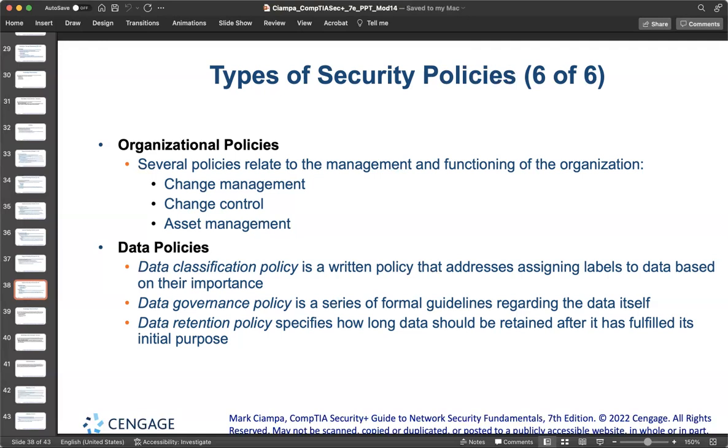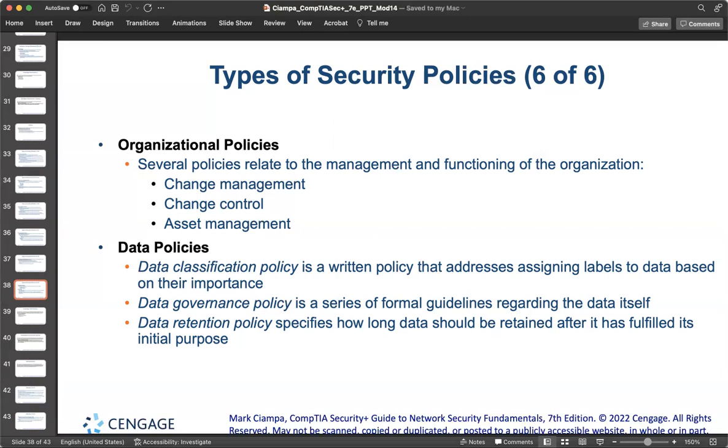You also have data policies. They all start with the classification policy, which is a written policy that labels and categorizes information. Usually you have restricted, confidential, public, internal, or other data categorizations, through which, using the labels of data classification, you can make sure those specific classifications of data are being treated appropriately.